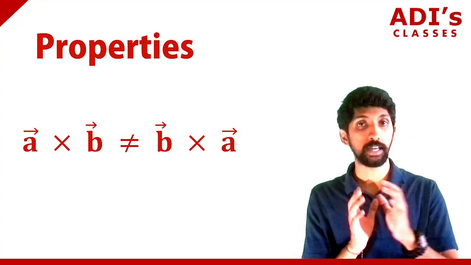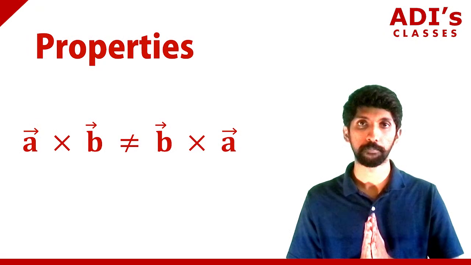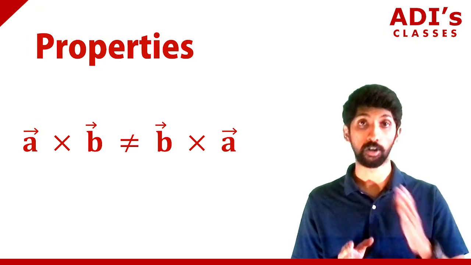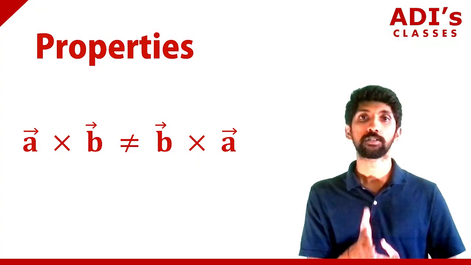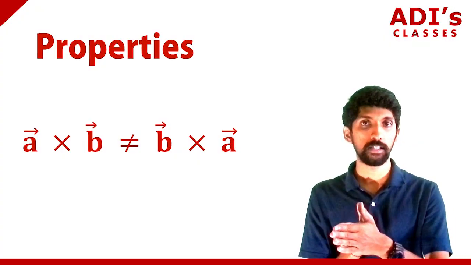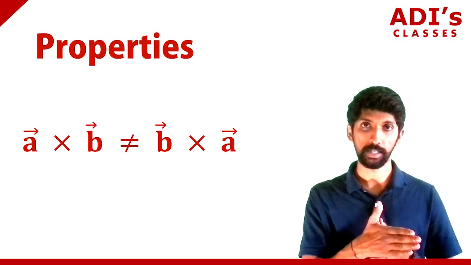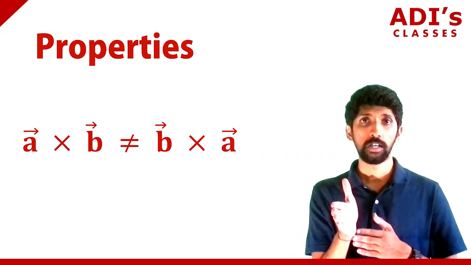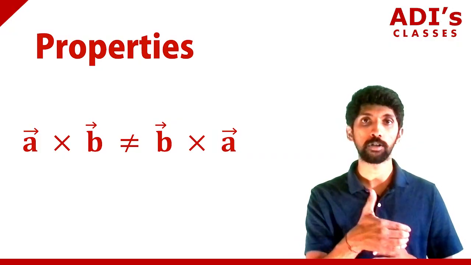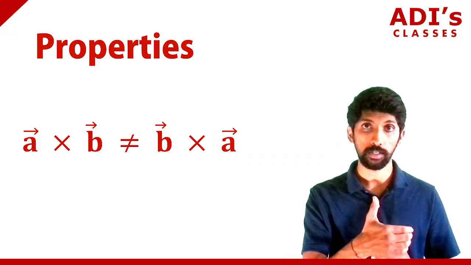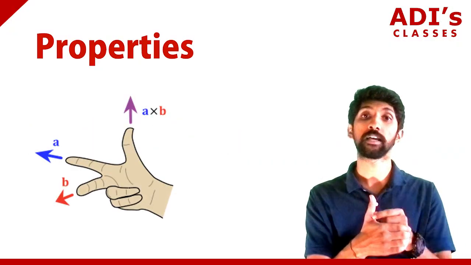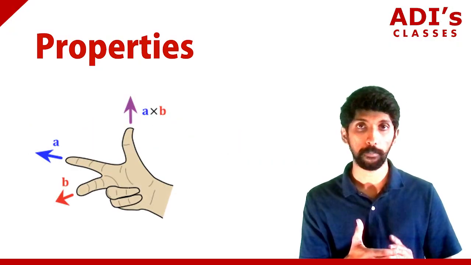How do we figure out the direction? This is very important. Whenever we say A cross B, we take the right hand. If this is vector A and this is vector B, we move from A to B, and the thumb represents the direction of the cross product.